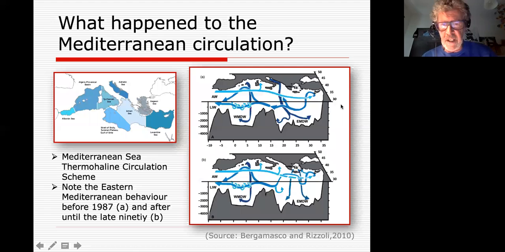A similar picture, more complex, but similar to this one. Then after this, with a series of data, we ended up with a different picture. So the major difference from here to here is that the Adriatic no longer produces the dense water. Instead, the dense water has been produced by the Cretan Sea here in the Aegean.